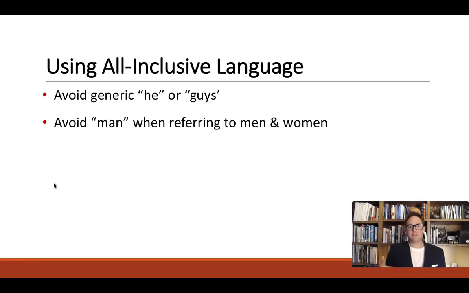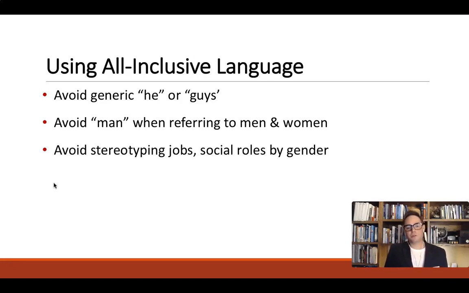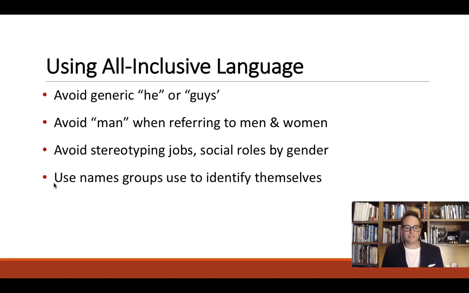So oftentimes this comes up in outdated language and labels, such as fireman, mailman, businessmen. So we want to avoid that, and use business leaders or firefighters or mail carrier, those types of things. We want to avoid stereotyping jobs and social roles by gender, just what I previously stated.